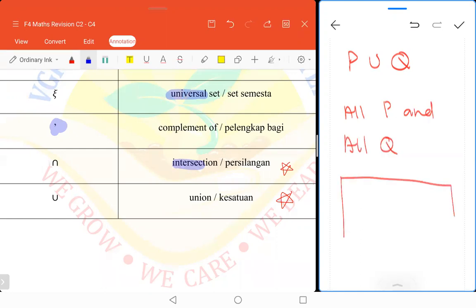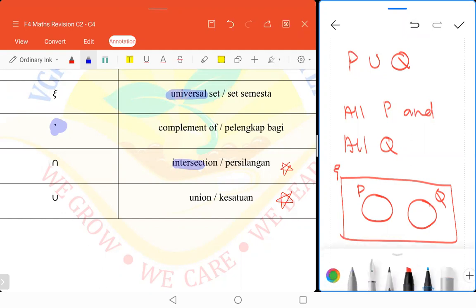So if I have set P here, this is the universal set, and this is Q. When I want to shade, where are all P and all Q? All P and all Q. That's the answer. That's the meaning of union.